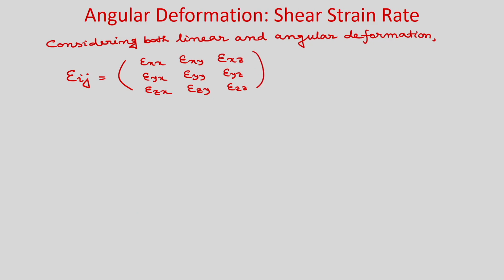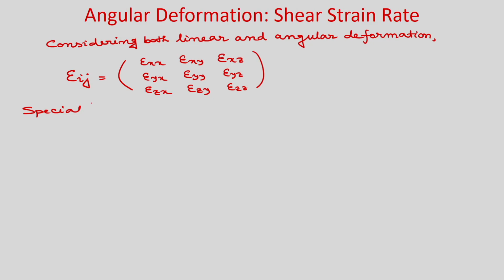Now, let us consider two special cases. Now, if del v by del x is equal to minus del u by del y, in that case you can see that angular deformation epsilon xy, obviously from the expression, will be 0 and omega xy will be minus del u by del y.